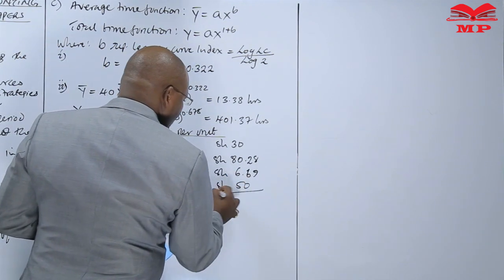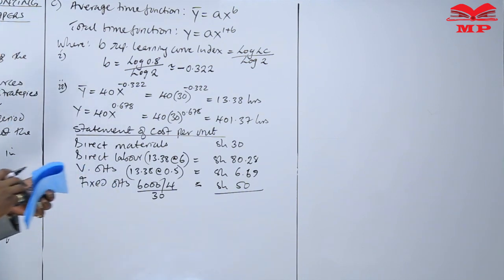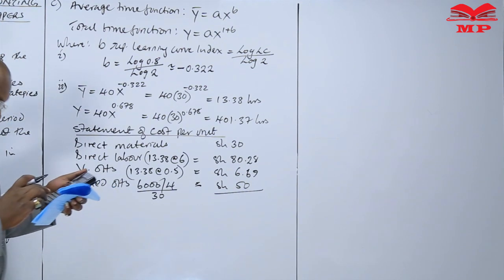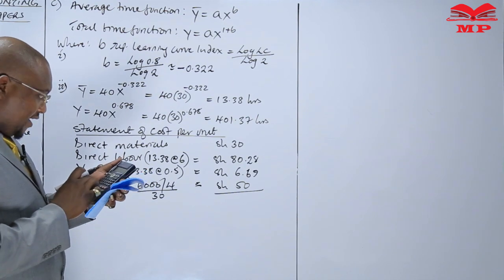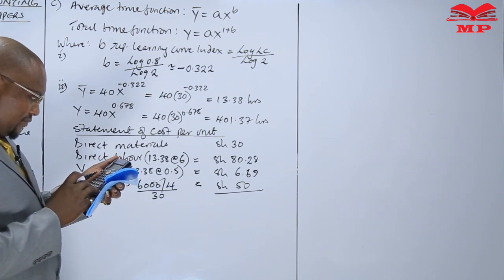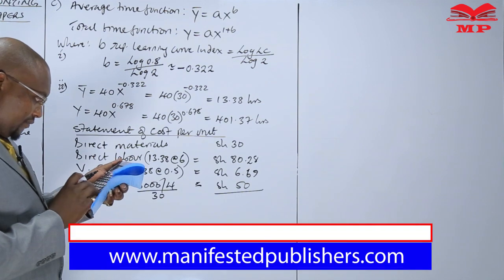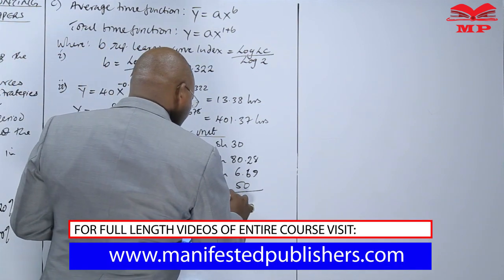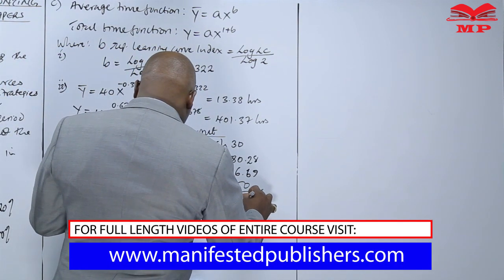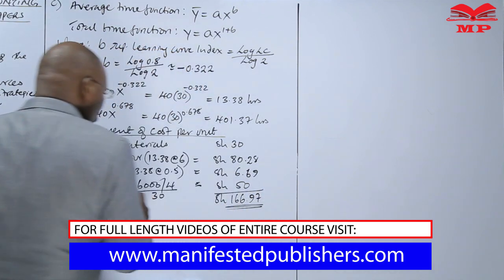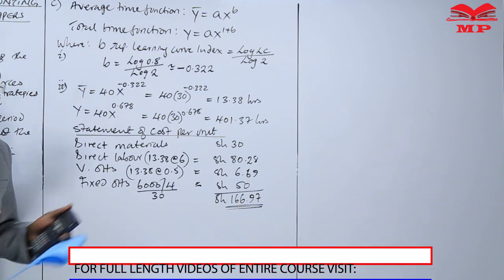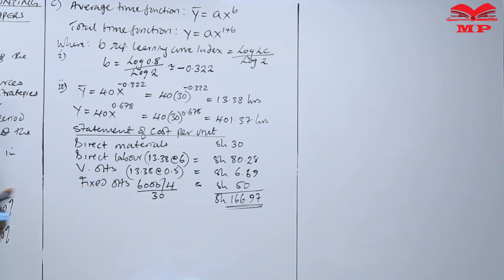So the total here will be 50 plus 6.69 plus 80.28 plus 30, giving us shillings 166.97. Now this is the unit cost. Total cost per unit is 166.97 as we have been asked.